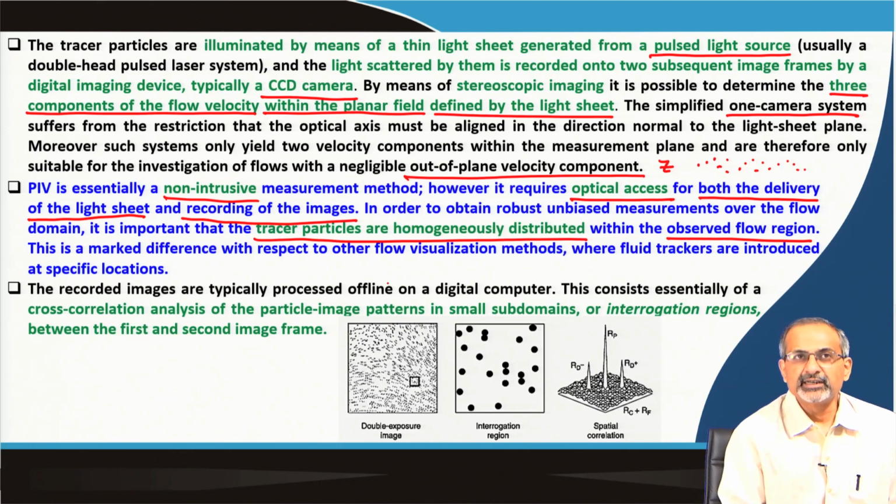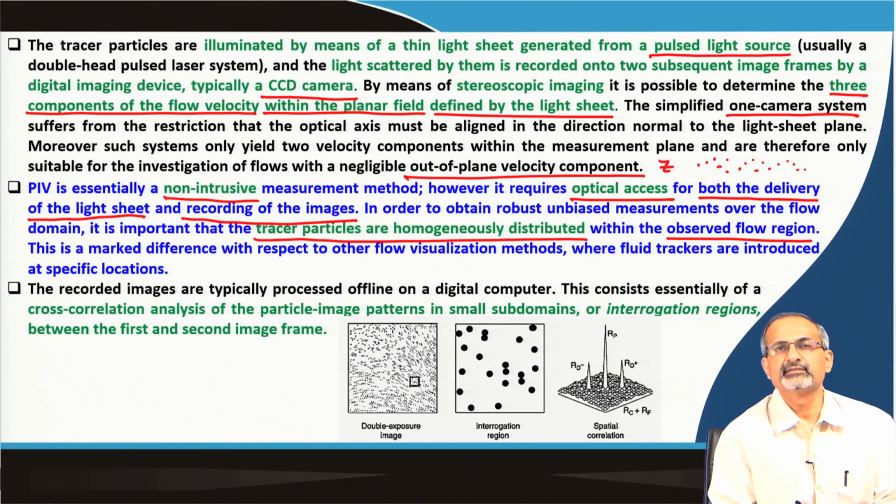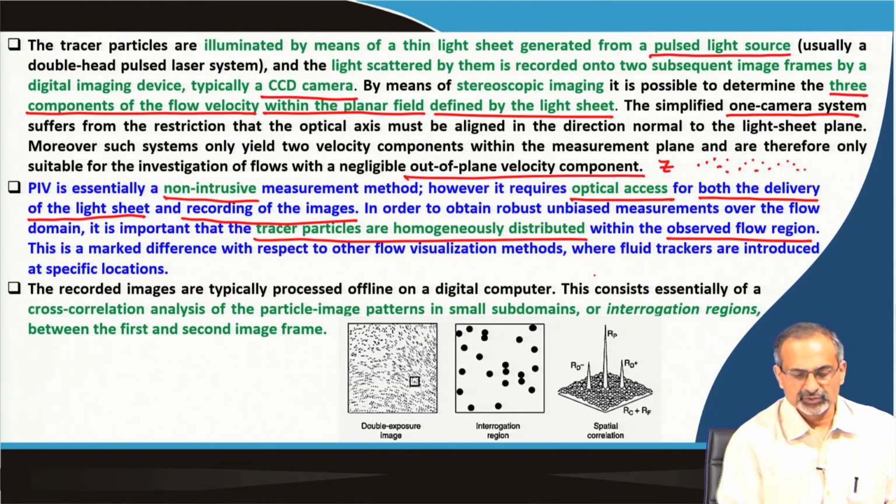This is a very distinct difference with respect to other flow visualization methods, because we have seen that for smoke flow or dye flow methods, we have looked at specific points through which those smoke or dyes were introduced into the flow field, which means that you are selectively looking at the flow field by using the fluid trackers, which are introduced at specific locations.